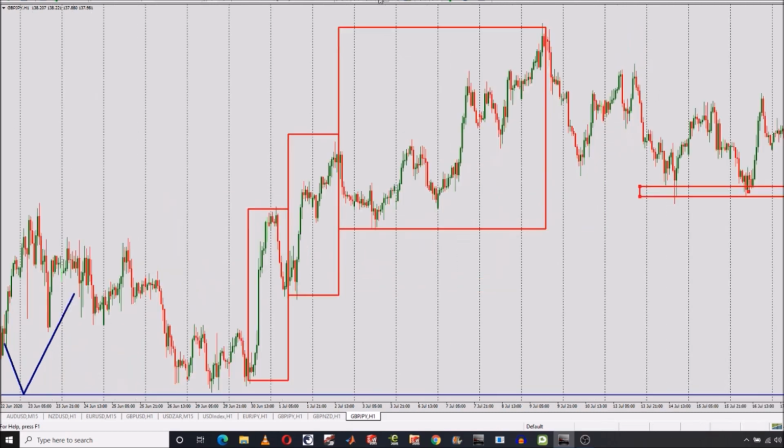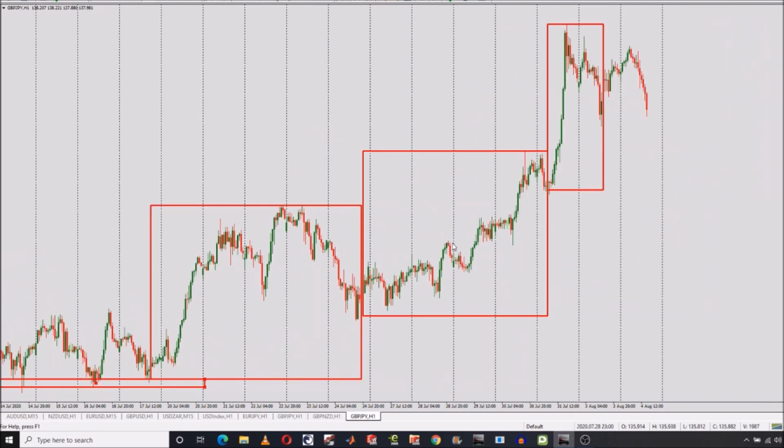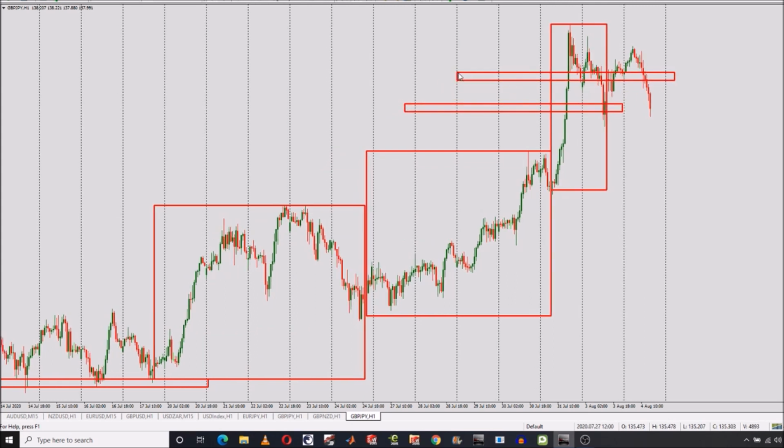And as I said earlier, after every 3 levels, we look for a multi-session M or multi-session W. This is actually the setup that we are looking for, right?